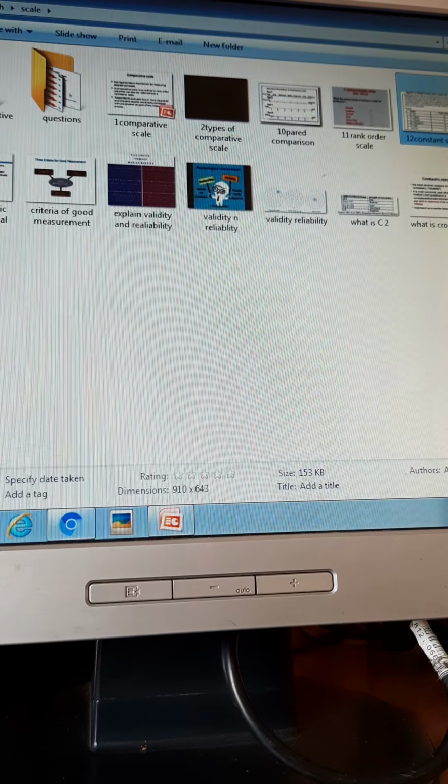And then the next one is called a Q sort scale. Okay, I'll give you a little story now. What is a Q sort scale? Supposing I am a travel agent now, and I am planning for post-corona.